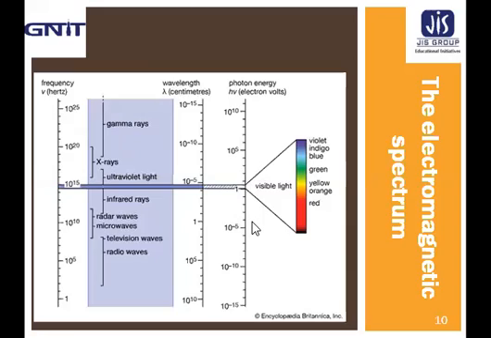Nearly all these frequencies and wavelengths of electromagnetic radiations can be used for spectroscopy. Radio waves and microwaves are forms of electromagnetic radiation with operating frequencies ranging from 30 to 300 megahertz and 300 megahertz to 300 gigahertz respectively.